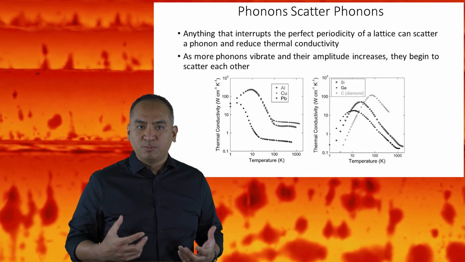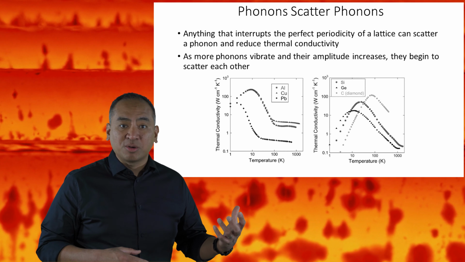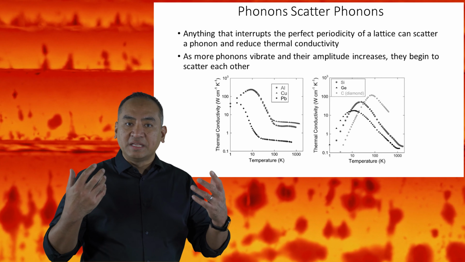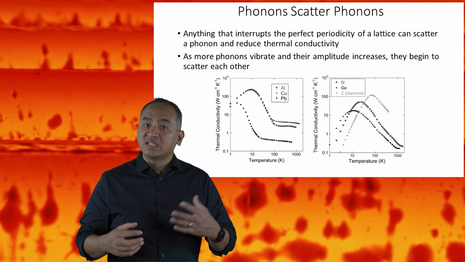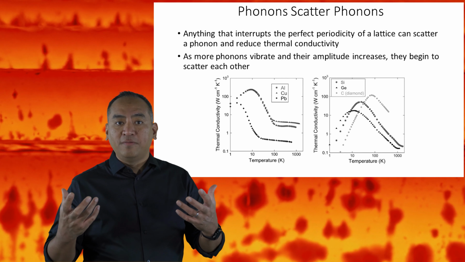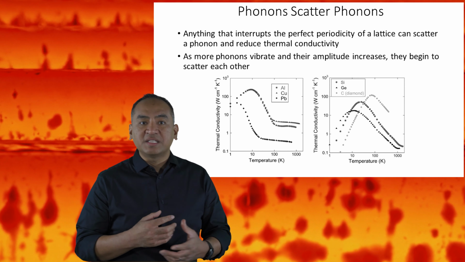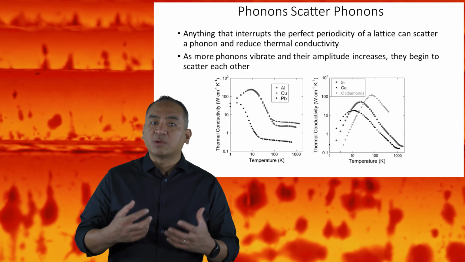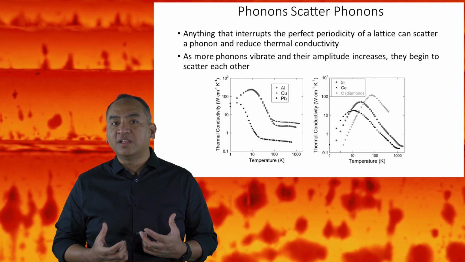Heat is transported by both electrons and phonons in metals. And as temperature is increased, thermal conductivity in these materials drops because phonons are scattering other phonons. The same can be said about silicon, germanium, and diamond, which are materials with mainly covalent bonds.